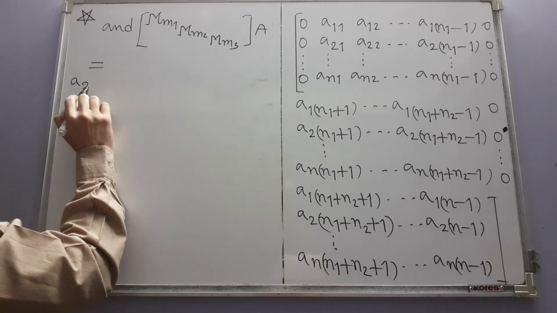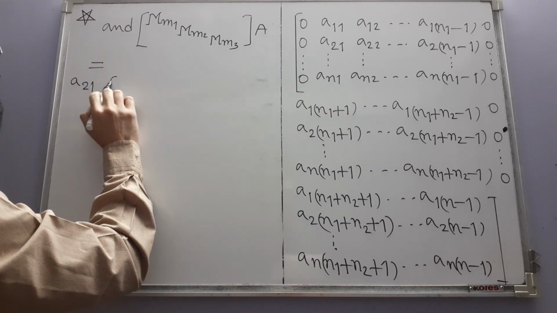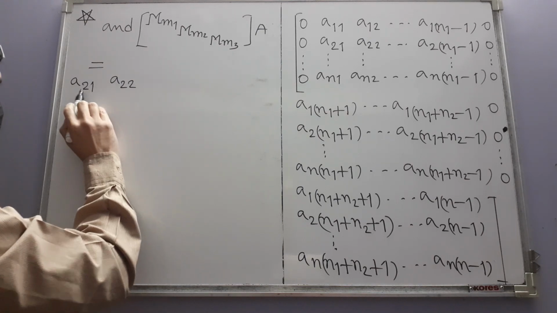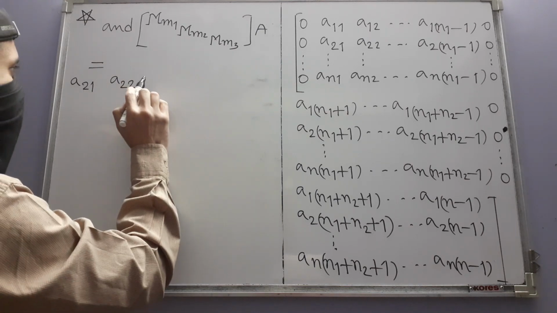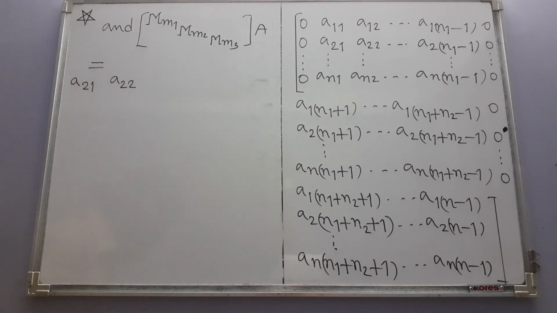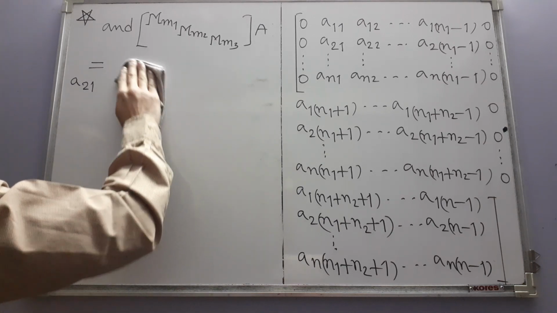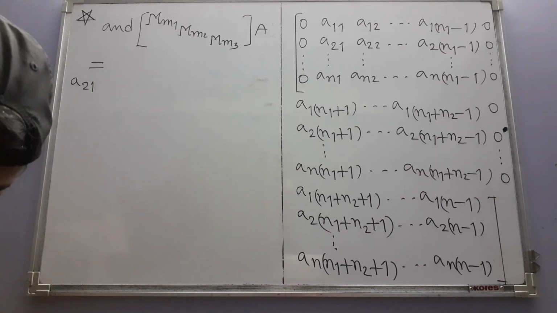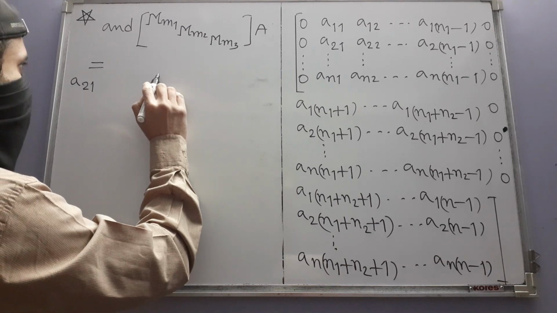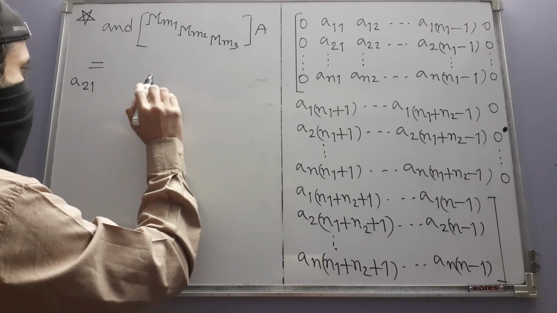You may remember this pattern from the previous solution. It starts with the second row of A. Oh, yeah. I should write it somewhat far away from this one. You will understand why.